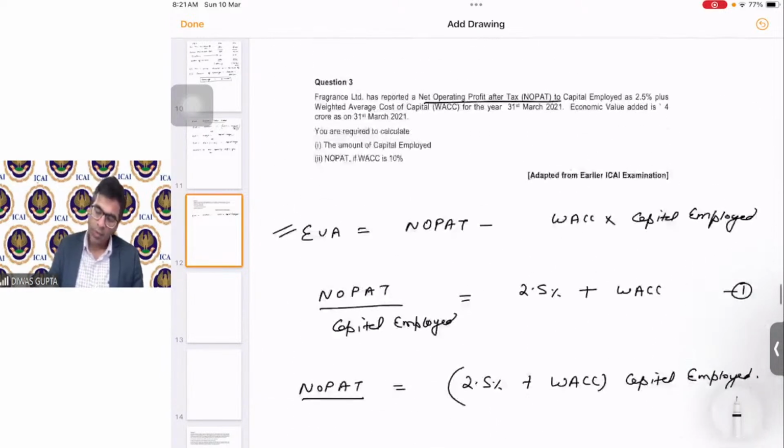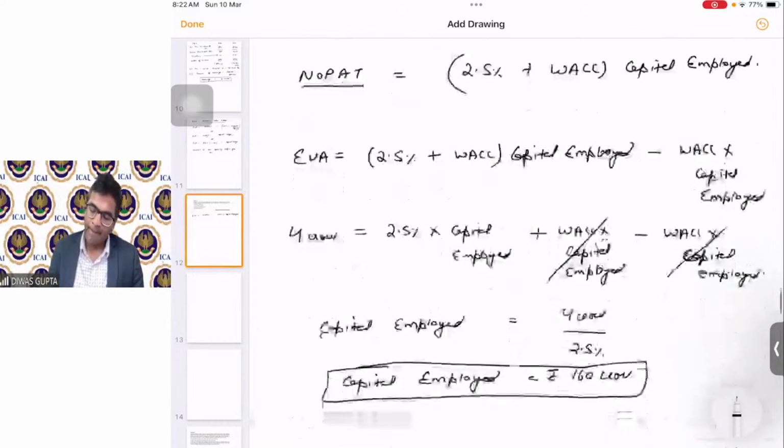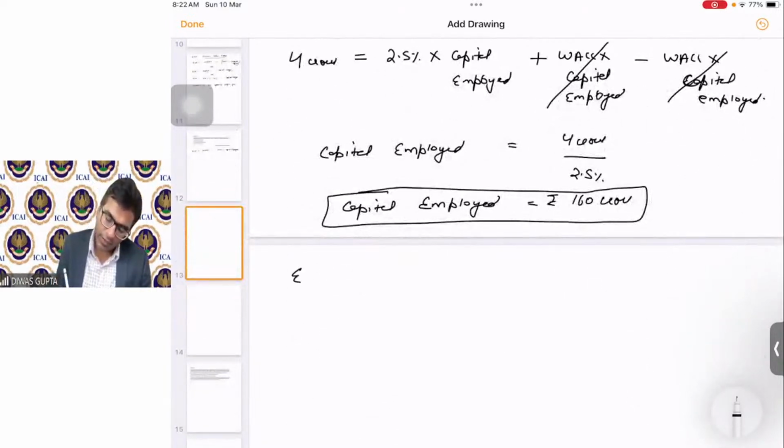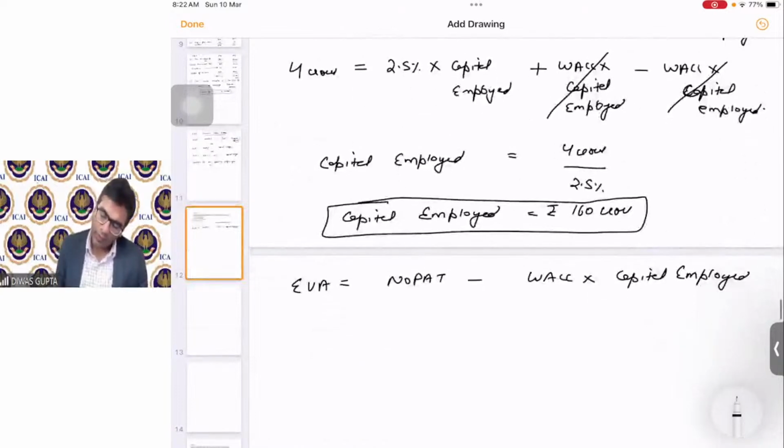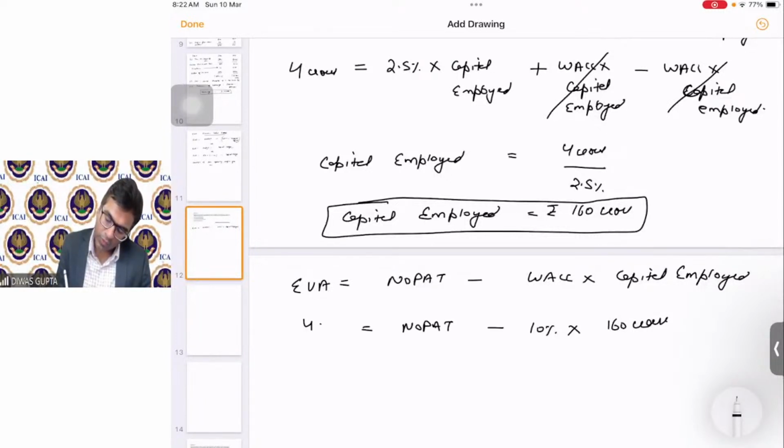Now, NOPAT if WACC is 10%. Substituting in the same equation, EVA is equal to NOPAT minus WACC into capital employed. We know that 10% is WACC and capital employed is 160 crores, so NOPAT minus 16 crores is equal to 4 crores.